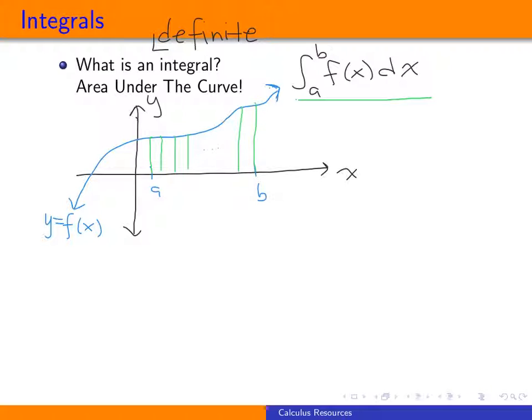So here we go, this strip right here. That interval a to b, we break into n subintervals of equal length.